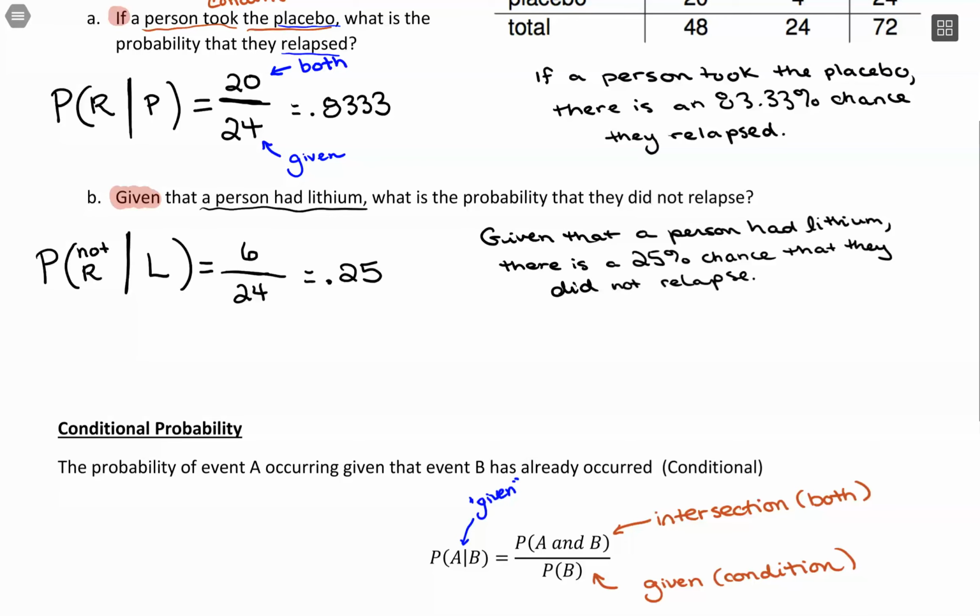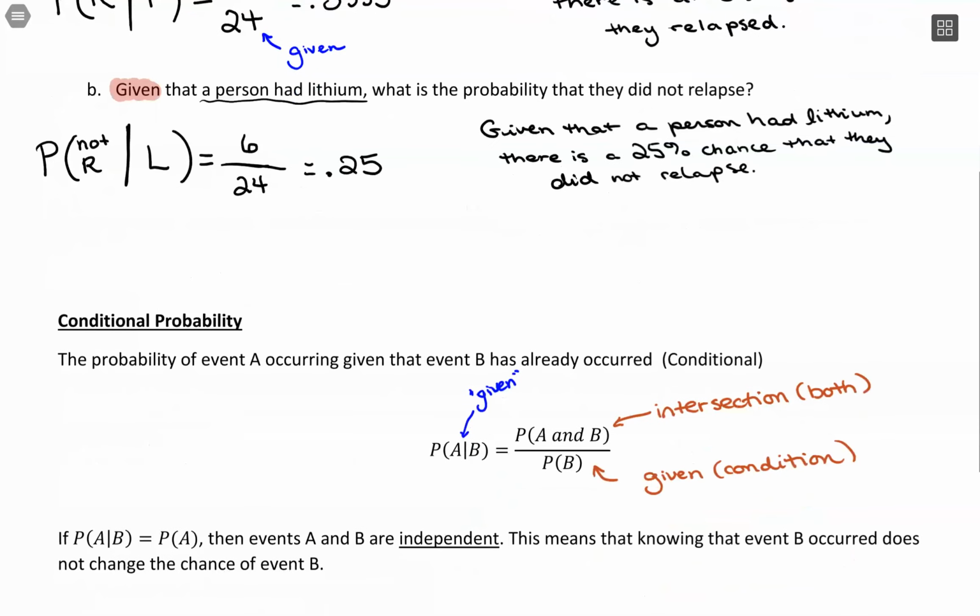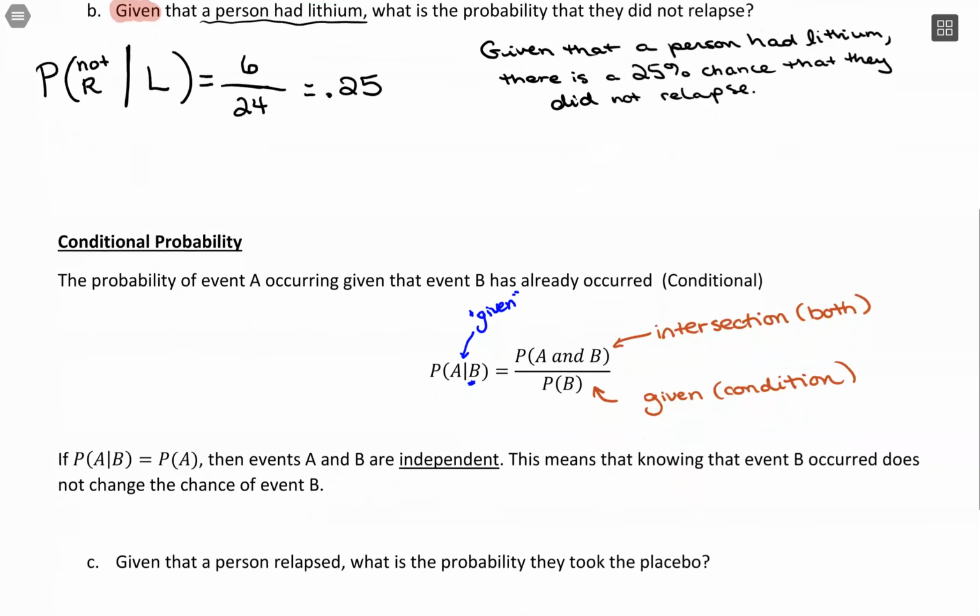But order does matter here because whatever's on the right-hand side here is what goes in the denominator. Those are always connected to each other. So just be aware that the order in the conditional setup is important because it can switch around, which I'll actually show in this next example.